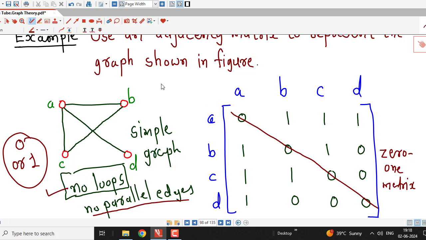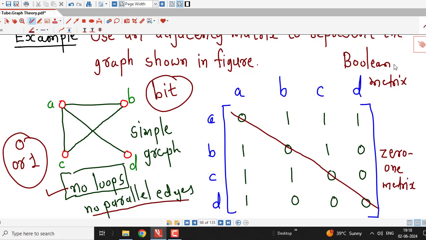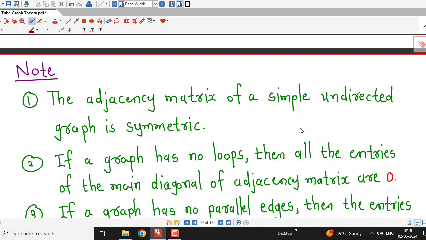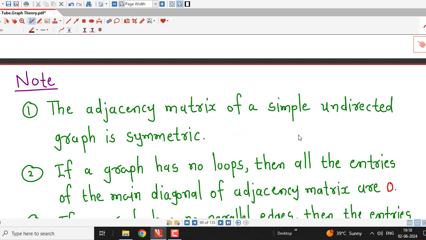And this type of matrix is known as a bit matrix, or another name is Boolean matrix. So if there are no parallel edges in the given graph, then its adjacency matrix is a Boolean matrix. So these are some remarks related to this adjacency matrix.